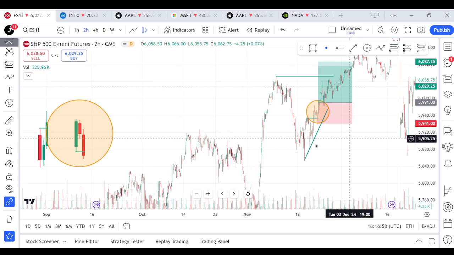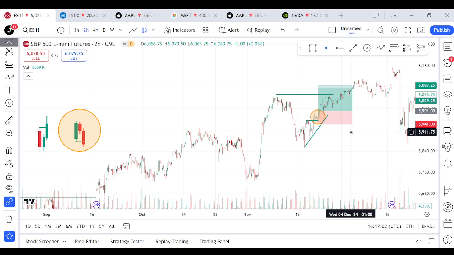So this is how I would have taken this trade. This is how to implement the 3 inside pattern into your trades.